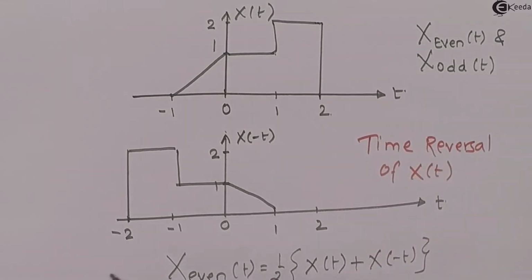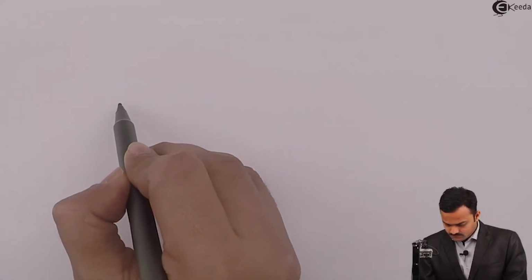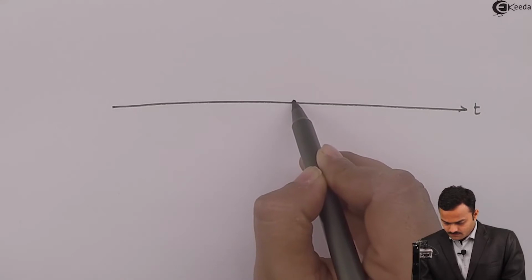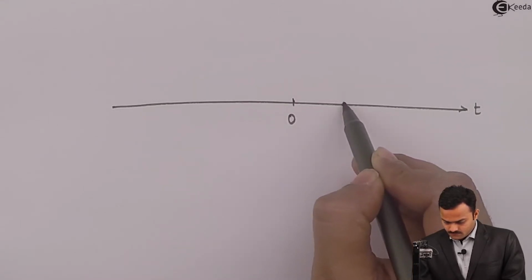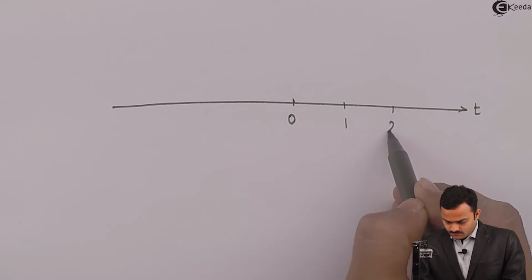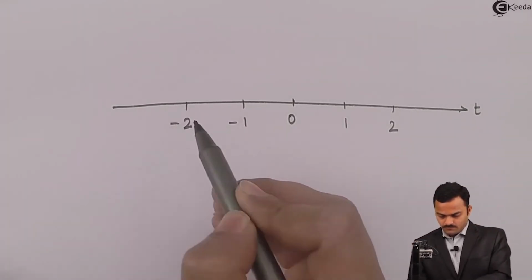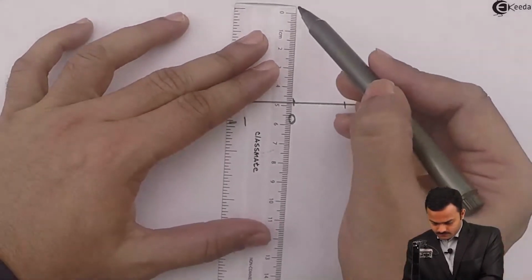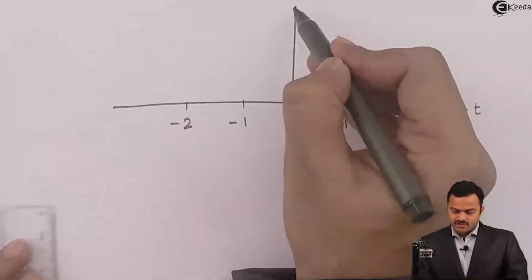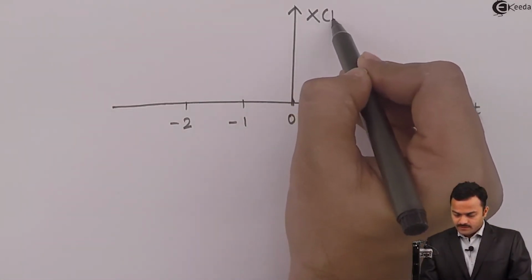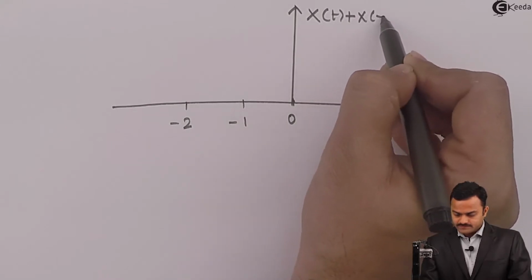Now we need to add these two signals. So addition of x of t and x of minus t will give you a new signal, x of t plus x of minus t.